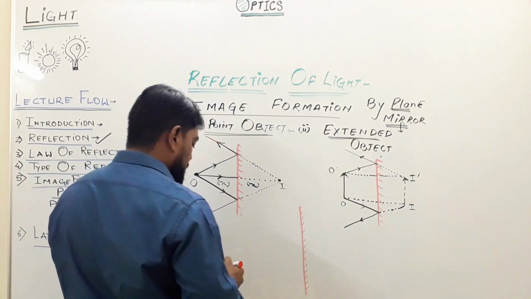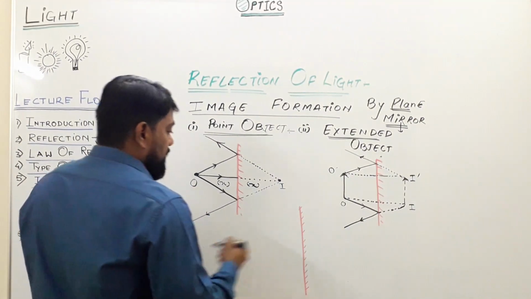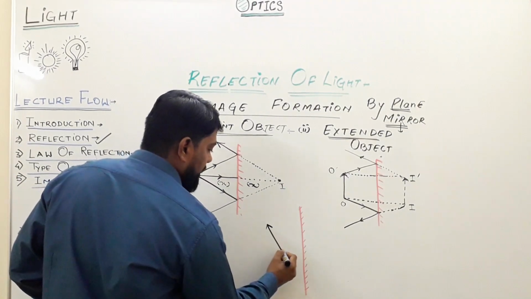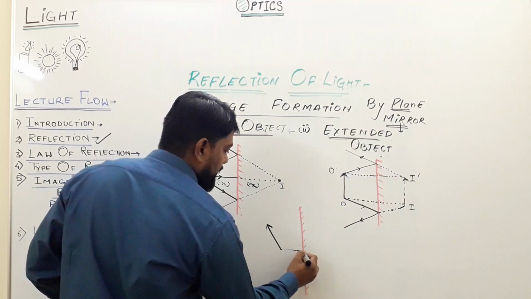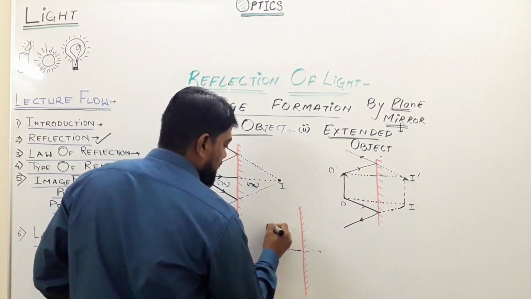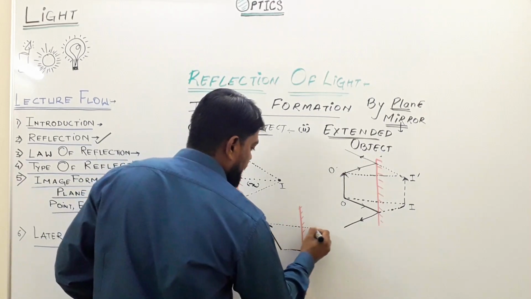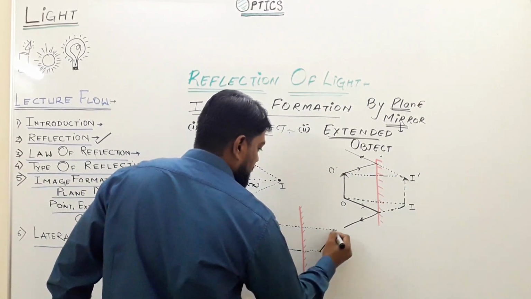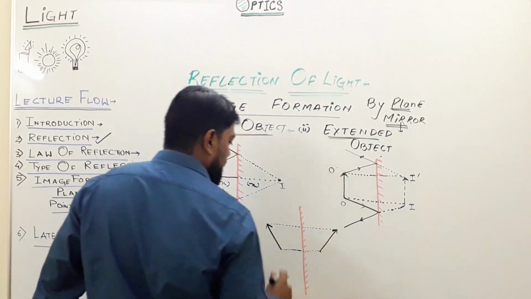I hope that you all are able to see it. Suppose we are having this type of object. Now what will happen? This one will be at the same distance, and this one will be at the same distance, and will form an image.